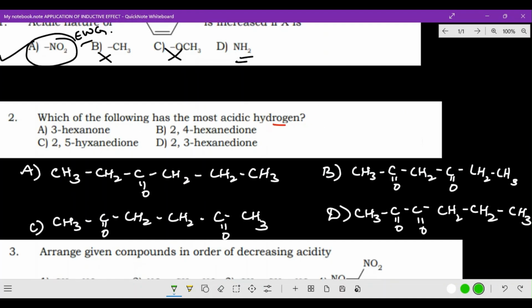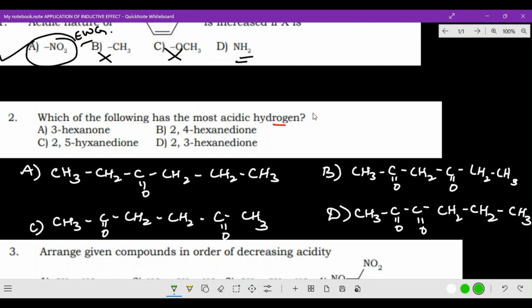Now the next question, it's very interesting. Which of the following has the most acidic hydrogen? Very clearly they have given the name, and I have mentioned the formula here for you to understand, easy to identify. So here 3-hexanone, I have given the formula here. So 3-hexanone, 2,4-hexanedione, 2,5-hexanedione, and the next one, 2,3-hexanedione.